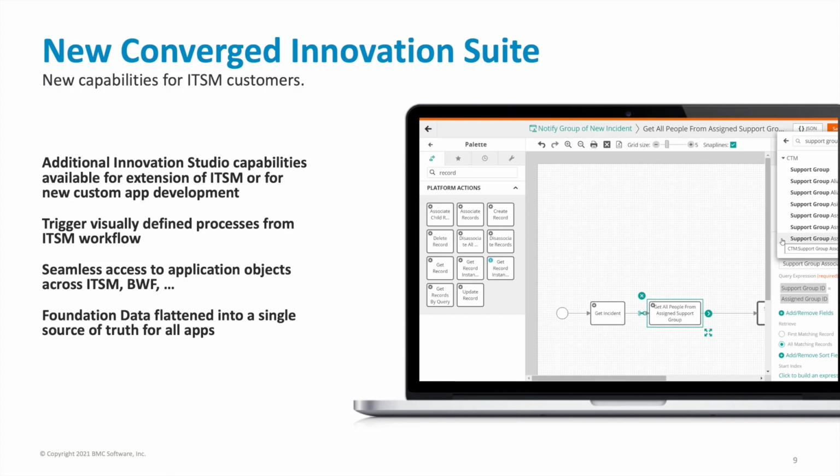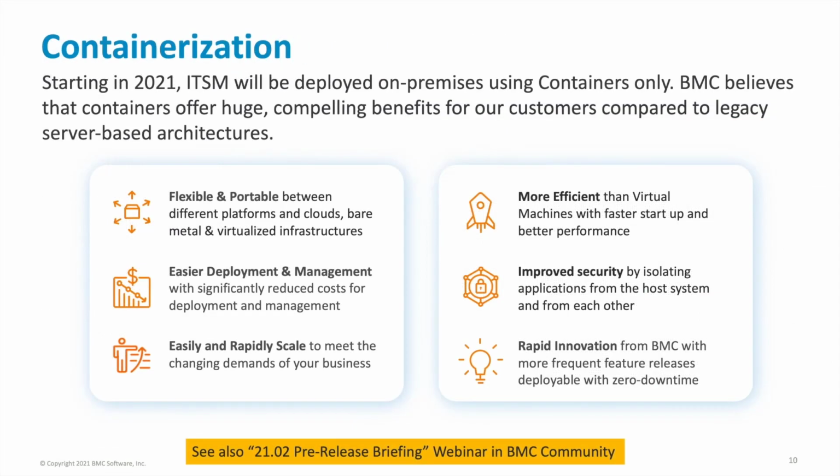But this platform conversion is not the only exciting topic for this release cycle. The other significant change that we're making is around containerization as a new deployment approach across both SaaS, which we've been doing for years, but as well now starting in 2021 for on-premises deployment.